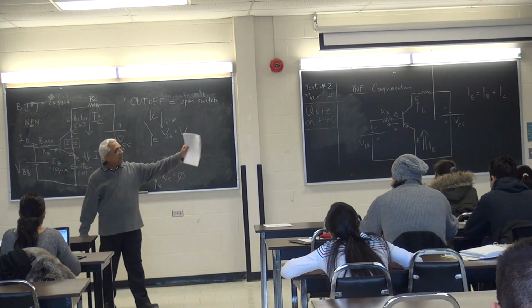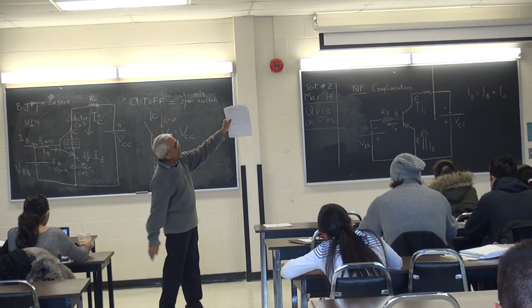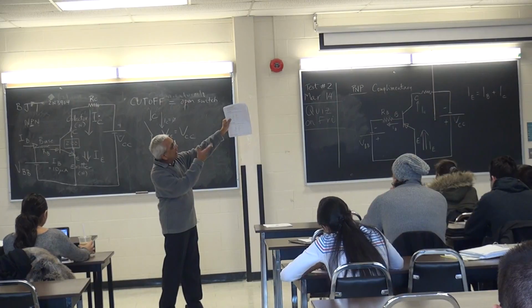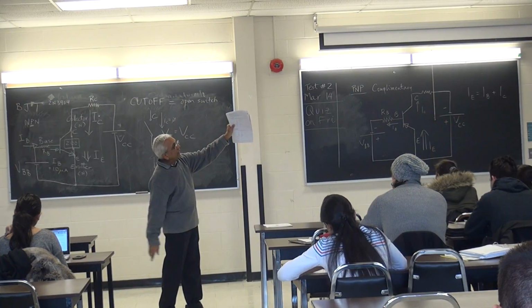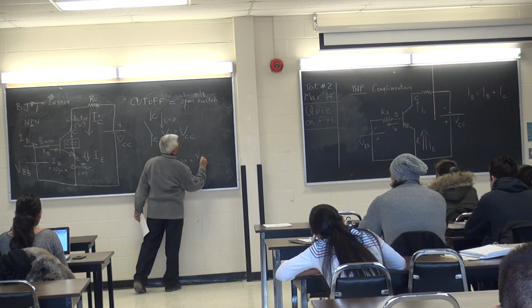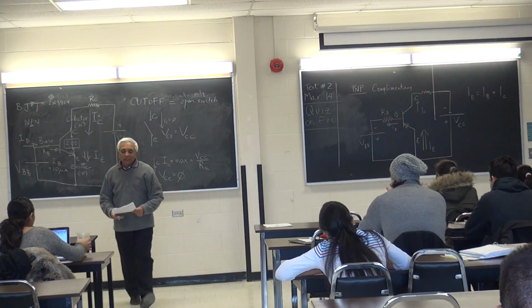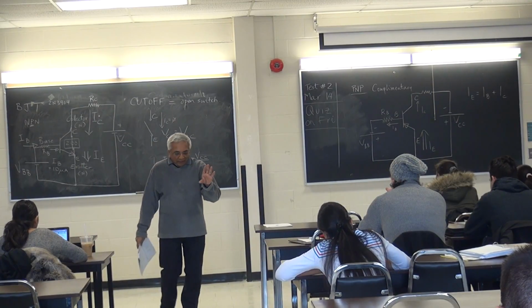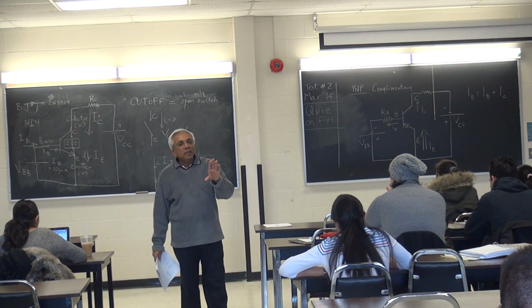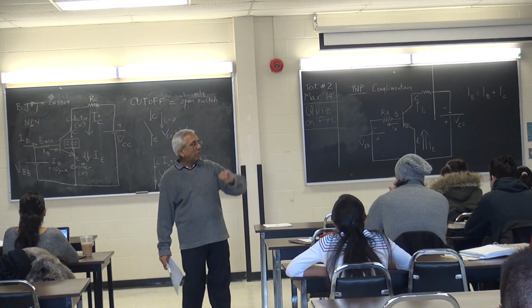So that is what figure 13 shows, the transistor acting like a closed switch, and IC in that circuit is VCC over RC. Okay, so these are the two extreme modes of the transistor, either fully open or fully closed.